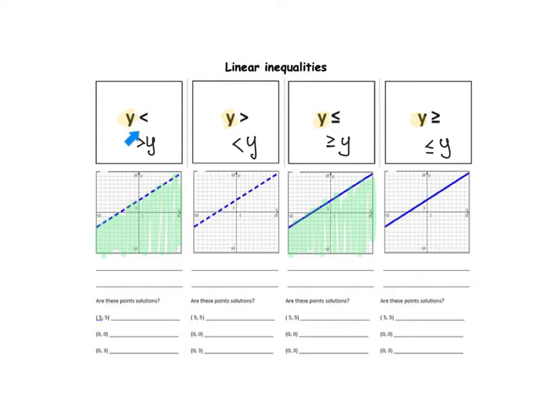So for this one right here, the characteristics are that we have shaded under, so under the line. Here we also have shaded under.